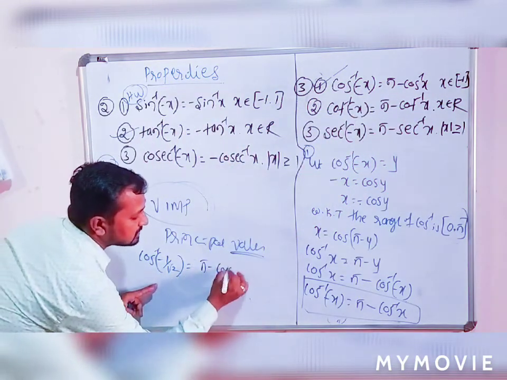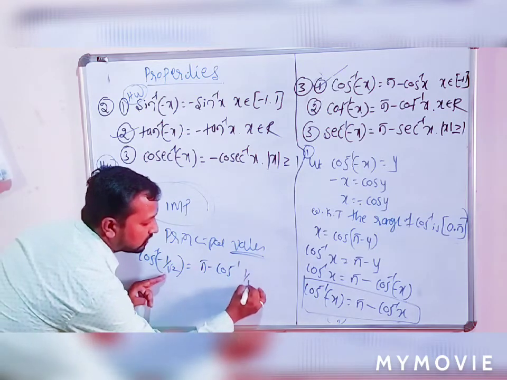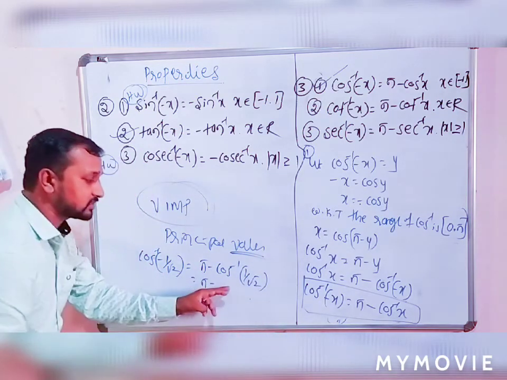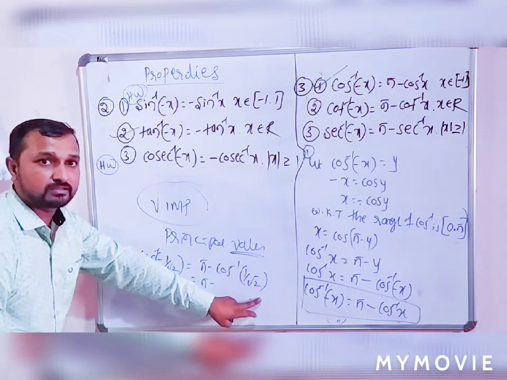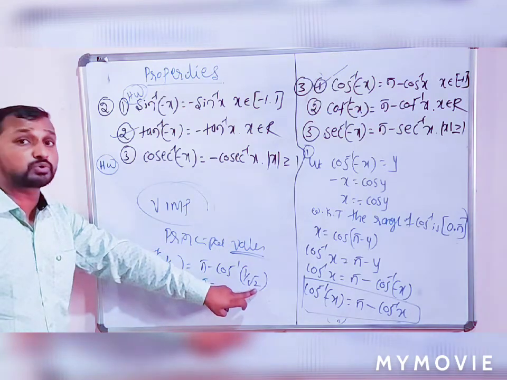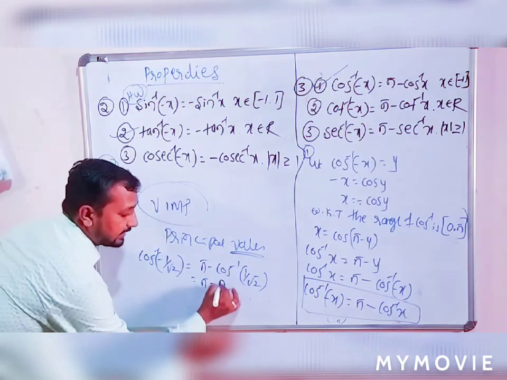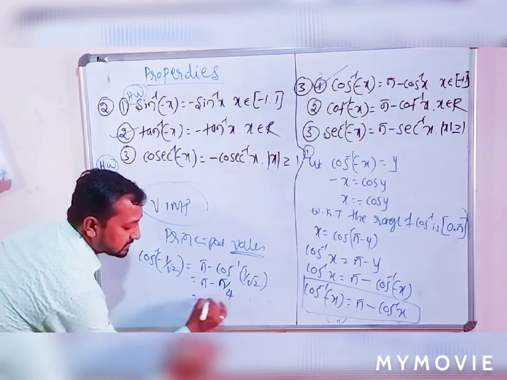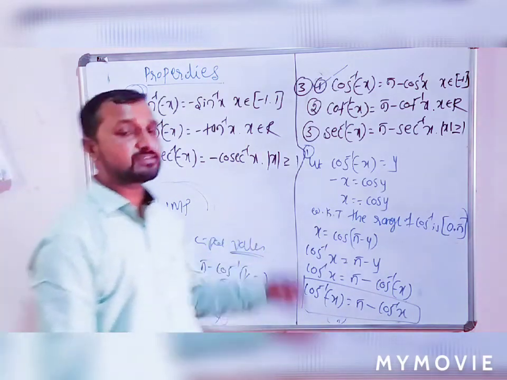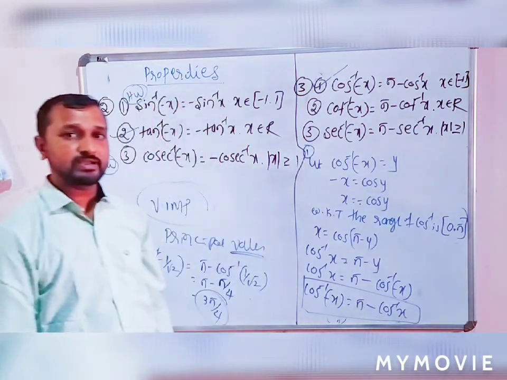Pi minus cos inverse of 1 by root 2. In which angle is the value of cos 1 by root 2? Pi by 4. That is pi by 4. Pi minus pi by 4 is 3 pi by 4. Same answer. Direct answer. Is that clear, students?